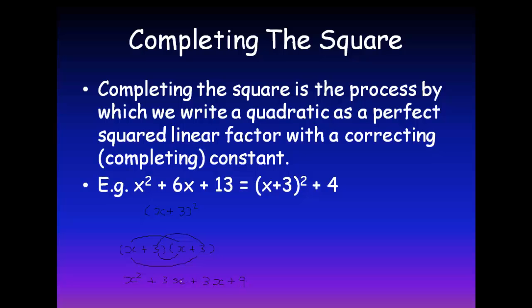Looking at this, we can see here that we've got x squared plus 6x, which is what we've replaced here, but we've got an extra plus 9. So we deal with this by subtracting 9, and then don't forget we've still got that plus 13 on here.